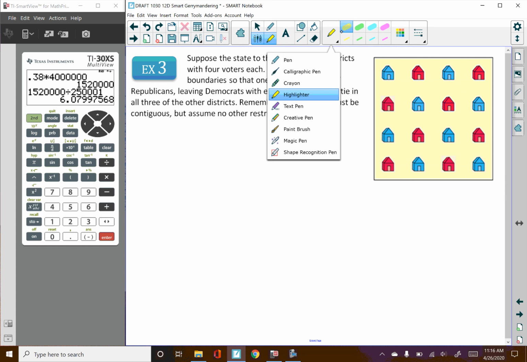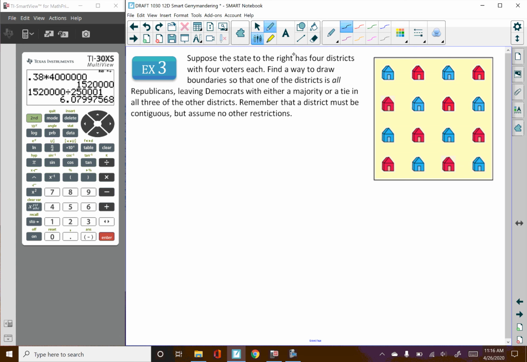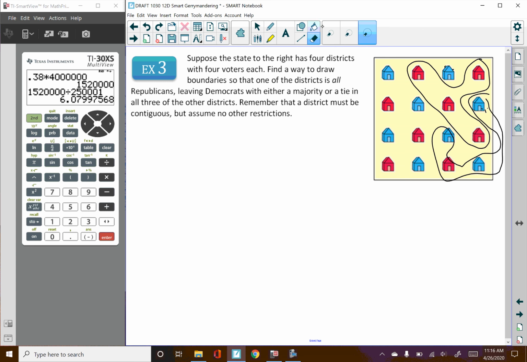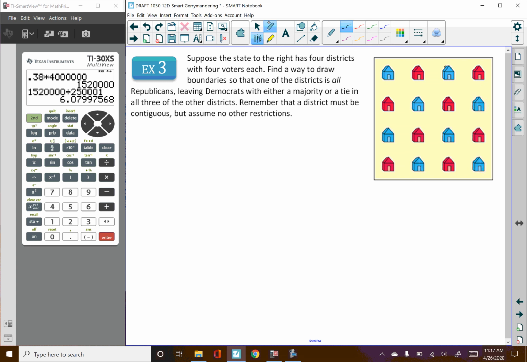So if we wanted to find a way to draw this so that the districts were connected, we can't do it this way, for example, because these 2 blue Democratic houses are isolated and can't be connected. We can't loop outside the box, okay? So that would not work. It's still possible to draw it so that the districts are contiguous.